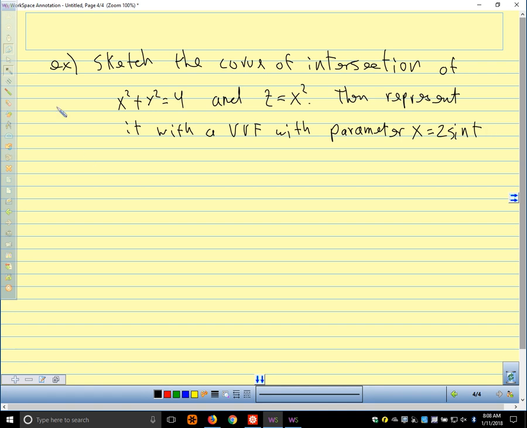All right, so let's sketch this. x squared plus y squared equals 4. What is that? A circle with radius 2, and we're in 3 dimensions, so z can be anything. So it's a cylinder.